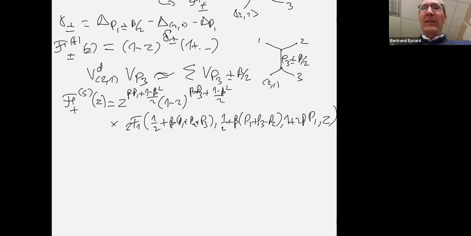Now let's think a bit about the space of solutions of the BPZ equation. It's a second order differential equation, so it should have a space of solutions of dimension 2. And the solutions Fs plus minus, this set of 2 solutions, is a basis of the space of solutions.